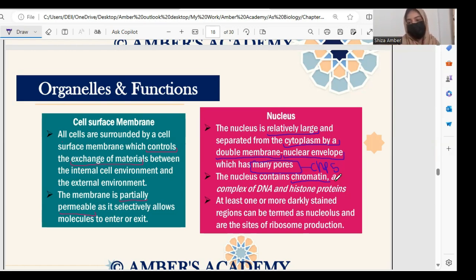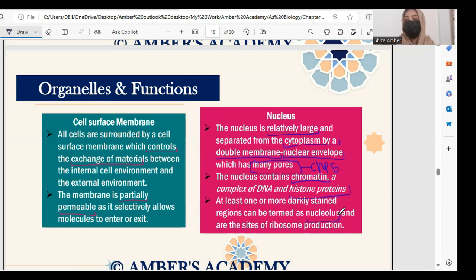When the cell is dividing, those chromatin become chromosomes. They become highly condensed. The nucleus also contains histone proteins. Histone proteins are only present in which type of cell? Eukaryotic. And at least one or more darkly stained regions can be termed as nucleolus.